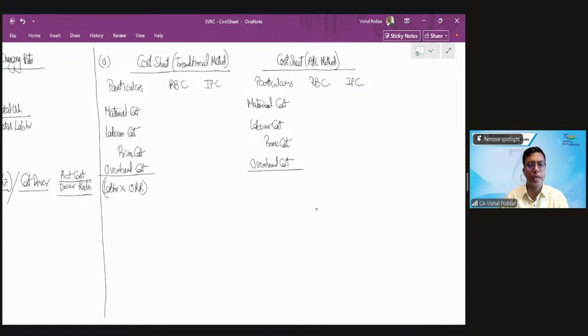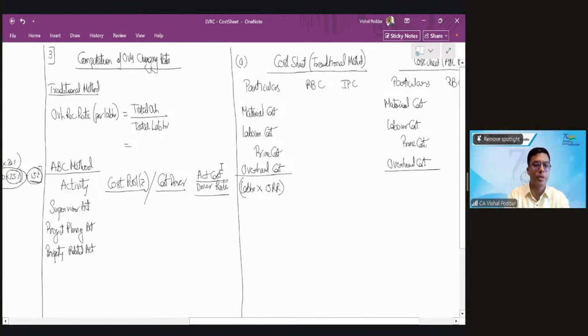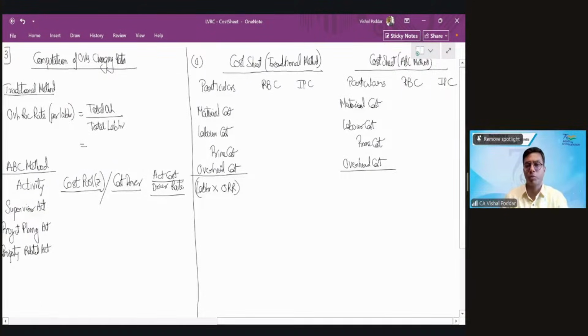So the first activity is your supervisory, second project planning, third is property. So I'm putting those names. Correct.